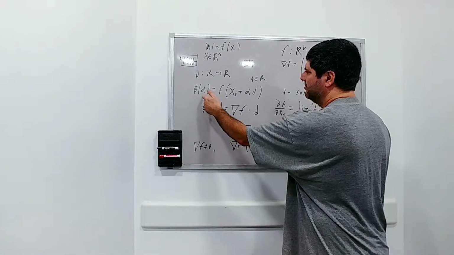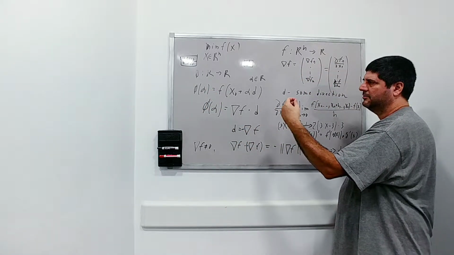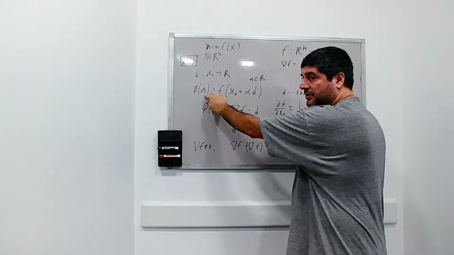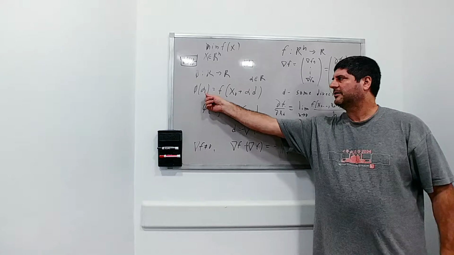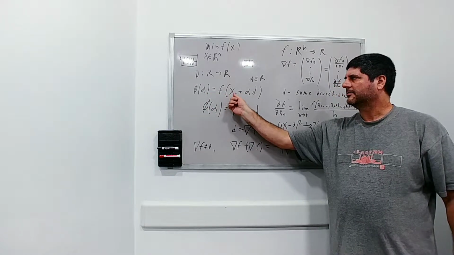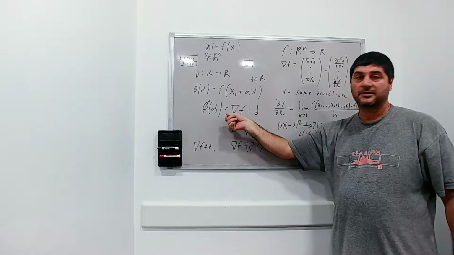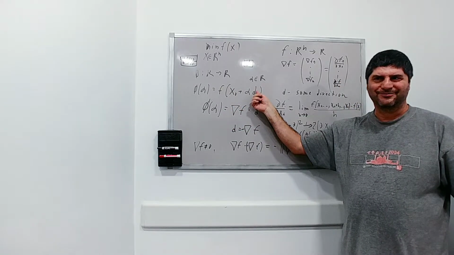We will differentiate that function in order to find a point where it's descending, and that will be a descent direction.